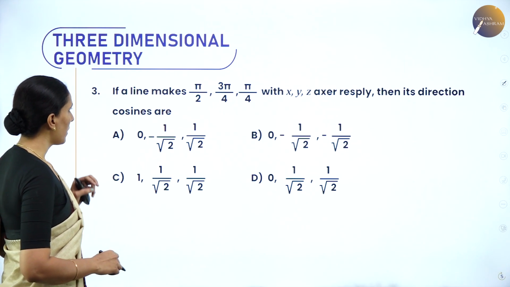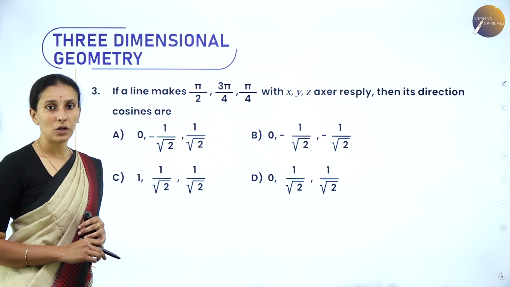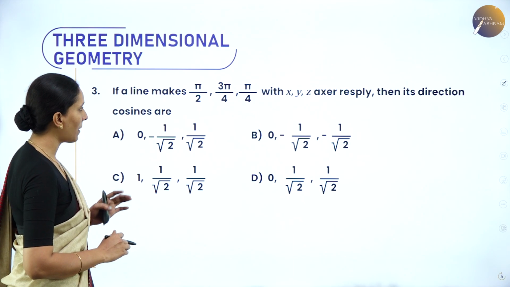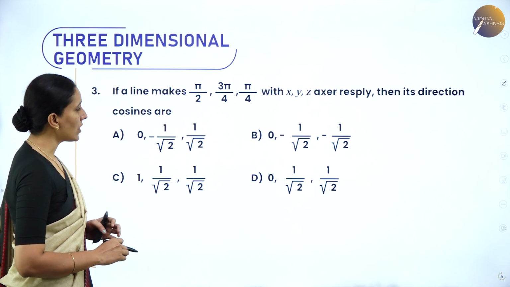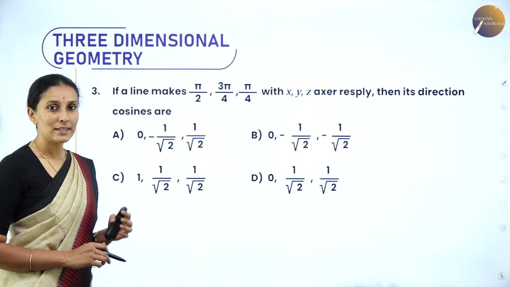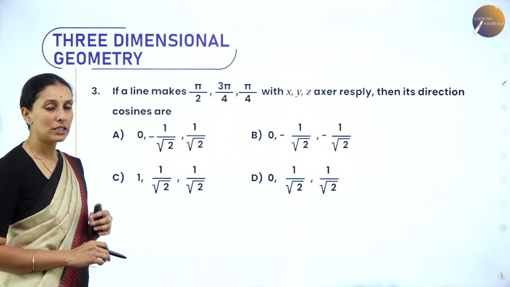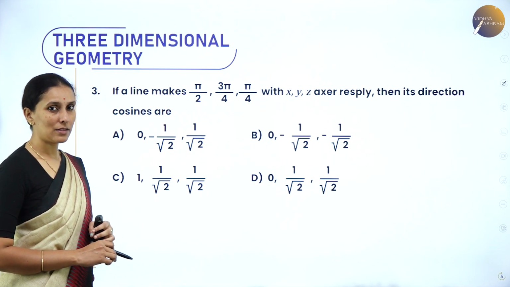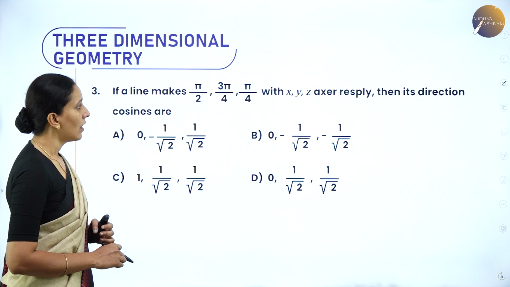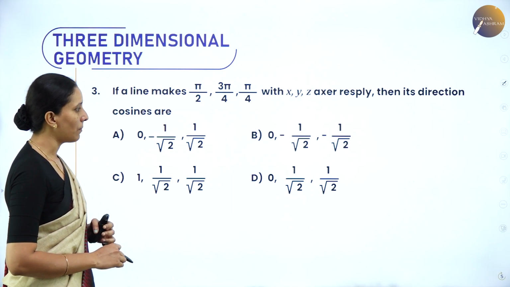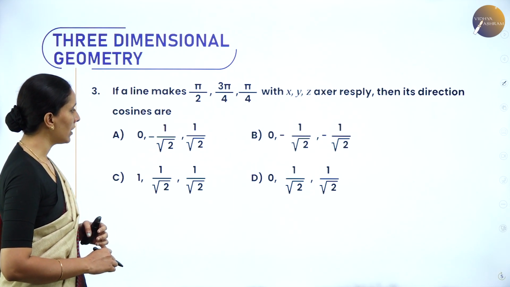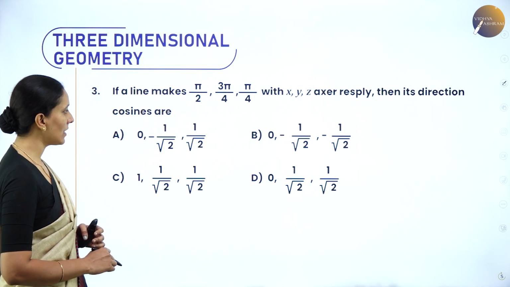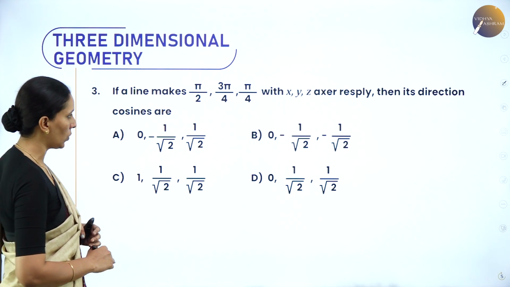We know that direction cosines are nothing but the cosines of the given angles. Cos pi by 2 becomes 0. Cos 3 pi by 4, since it lies in the second quadrant, we can take as minus cos of pi minus 3 pi by 4, which becomes minus cos pi by 4. So the values are 0, minus 1 by root 2 and 1 by root 2.